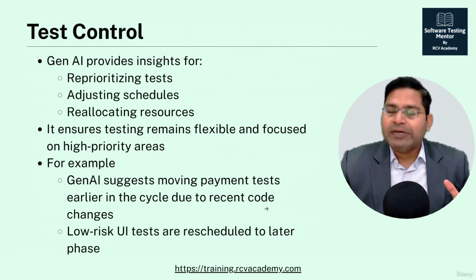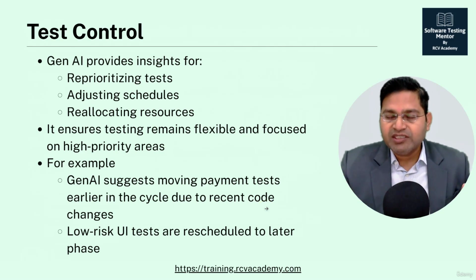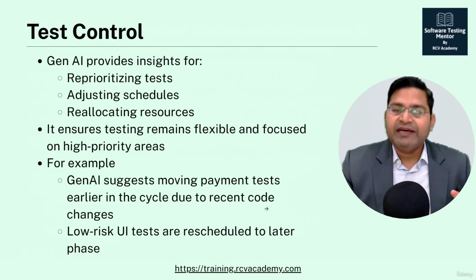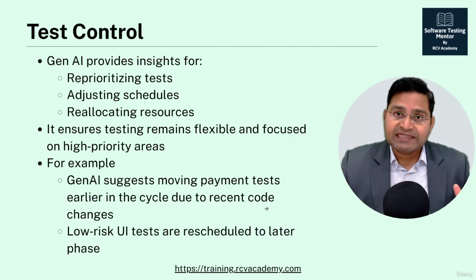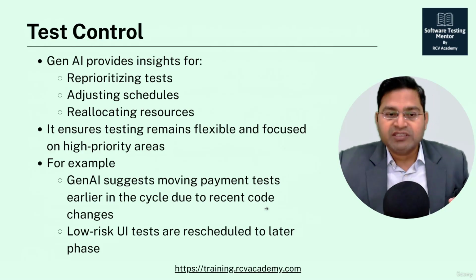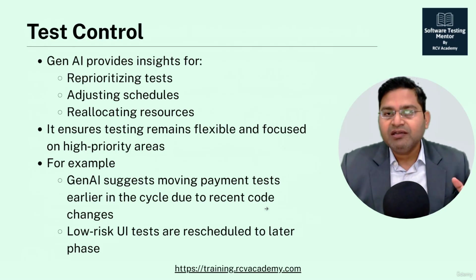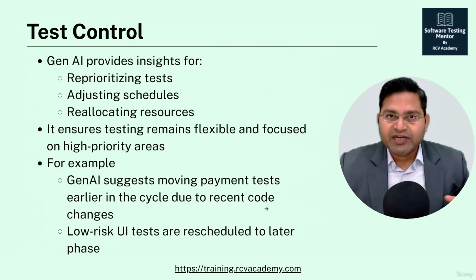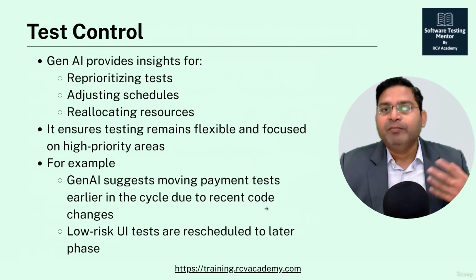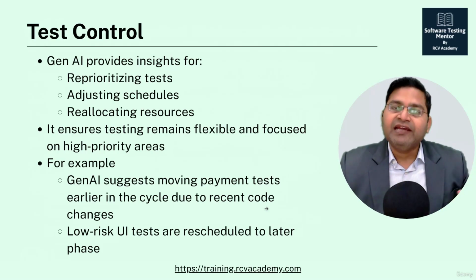Gen AI can automatically detect the code changes, or if you have fed in those changes, it can suggest that you move the payment test cases or re-execute the payment test cases for this change. Low UI risk tests are rescheduled for later phases. That prioritization, reprioritization, all of that is possible using Gen AI, as long as it has access to the test management, test progress data and your code base.